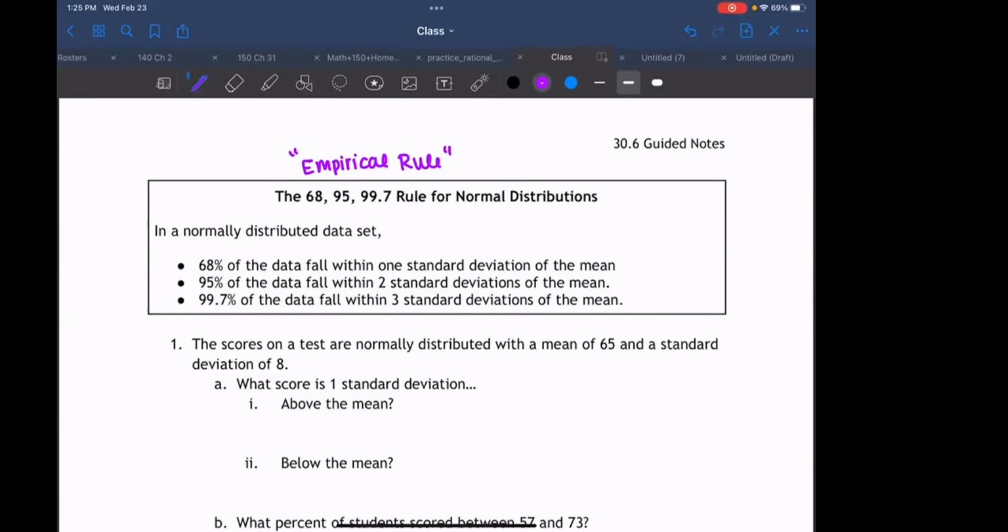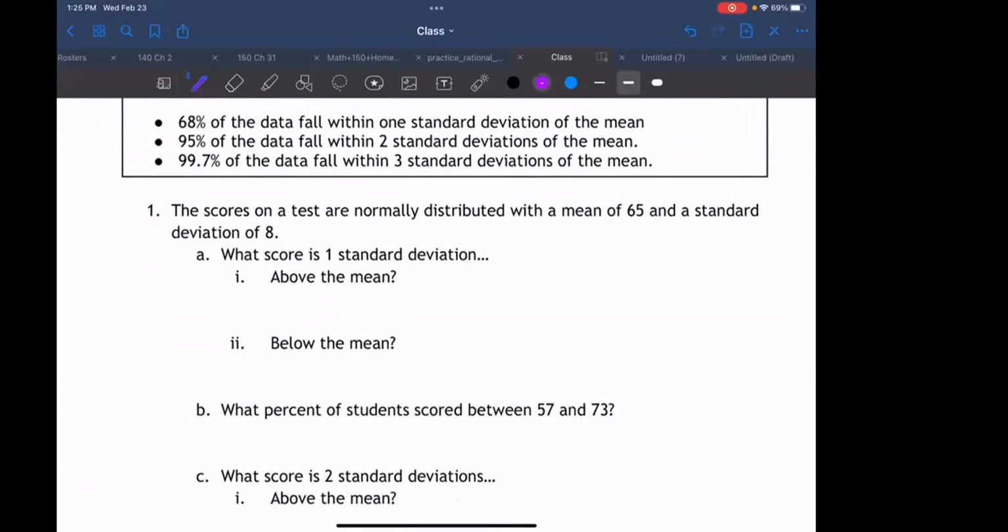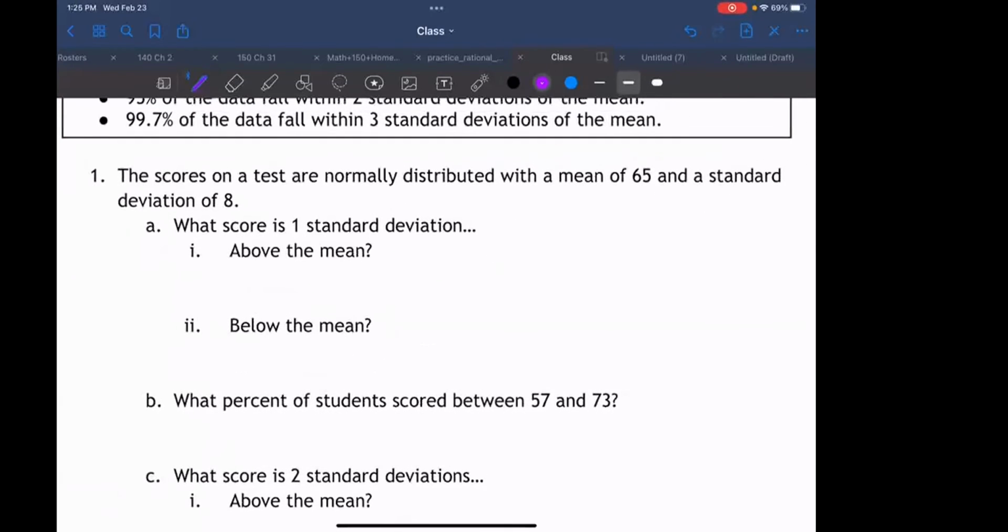Okay, so we have the scores on a test are normally distributed with a mean of 65 and a standard deviation of 8. What score is 1 standard deviation above the mean? What would I do here? Yes, we would do 65, which is our mean, plus 8.